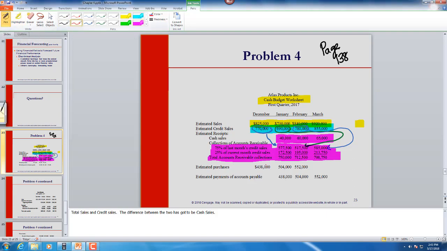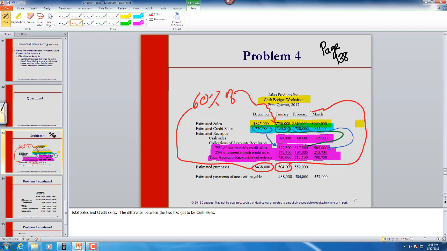438,000 is what we got here. Let me use the red color here. This is 60% of this 730,000, just as this would be 60% of this, right? Let us check.